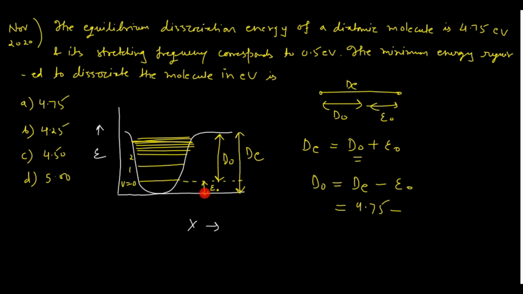So this is the stretching frequency or the vibrational frequency, and it is having the value of 0.5, both in electron volts. That means 4.50 electron volt should be the answer. Let's check. 4.75 no, 4.25 no, option C yes, 4.50, option C is looking the correct answer, right?